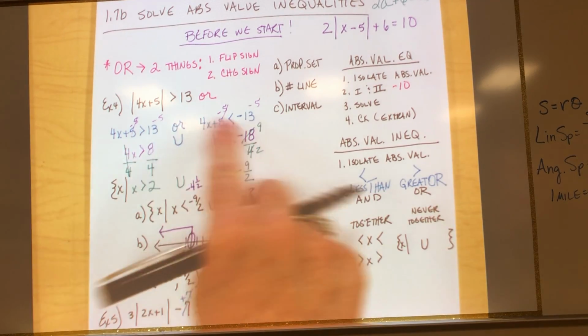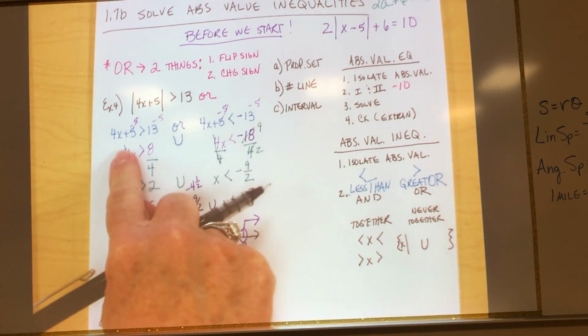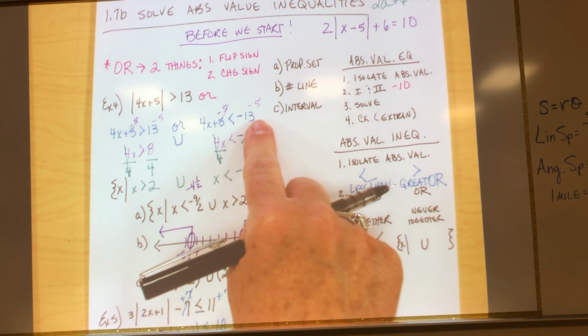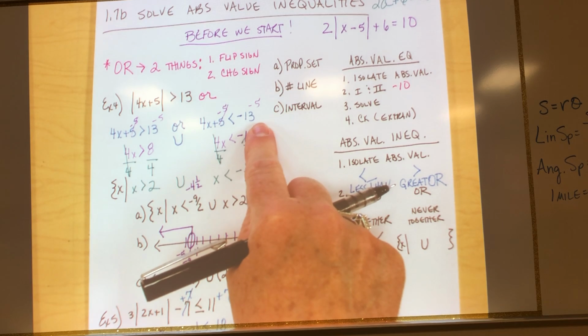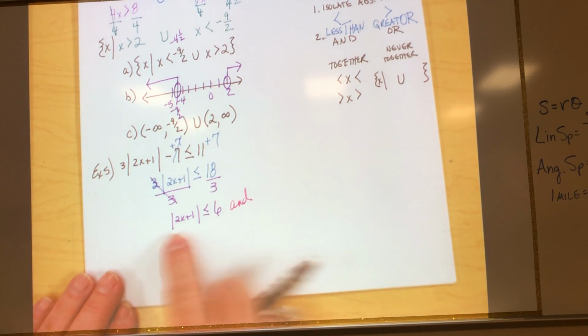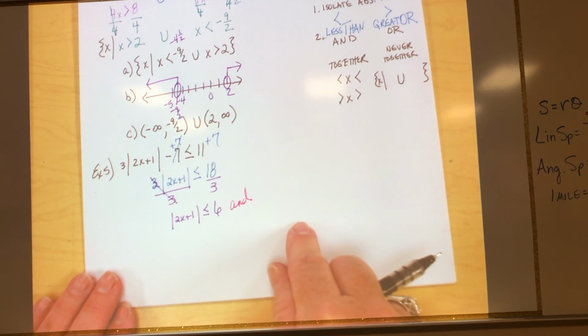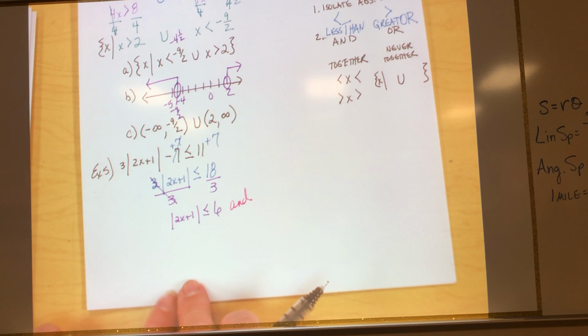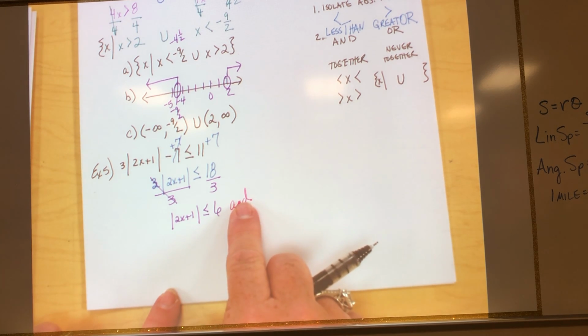I can do it just like I did right here. This is kind of like case 1 and case 2. Do you agree? Except that instead of just changing the sign, you have to flip the sign and change the sign. I could do this one the exact same way. I could write this down and then go over here and write it and flip the sign and change the sign, solve each one of them, and then I would have to go back and put them together because it is an and statement.